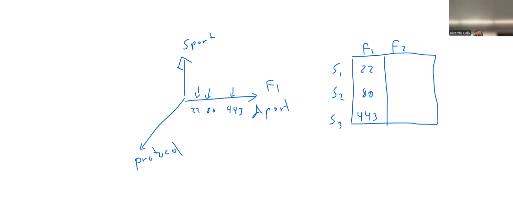So what people would recommend instead of doing this, this is easier and it might work, but for math people, a better representation of this would be a categorical representation. So what I mean is, let's say the only ports you had in there were 22, 80, and 443, right? In that feature F1. It turns out that's the only ones you had in there.